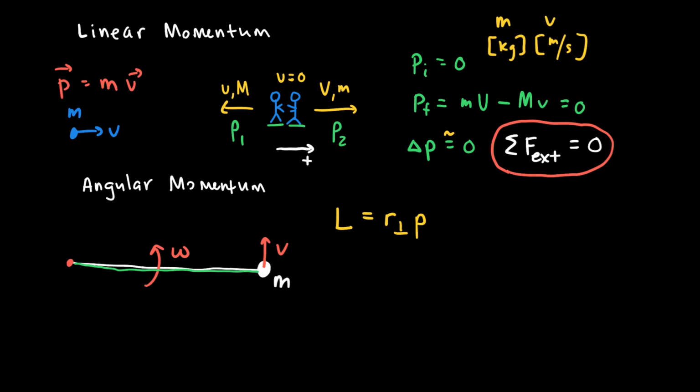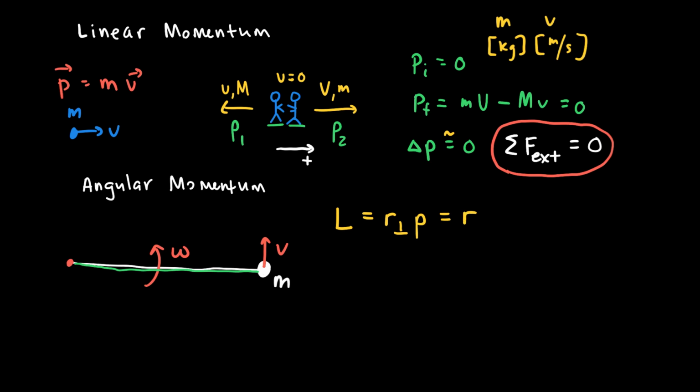And now what I'd like to do is take this equation for angular momentum and express it in a way that is going to help us a lot more in terms of problem solving. So L equals r perp times p. Because of the way I've defined r perp for the picture on the left, r perp is just equal to the length of that rod, and so instead of writing r perp, I'm just going to write r.